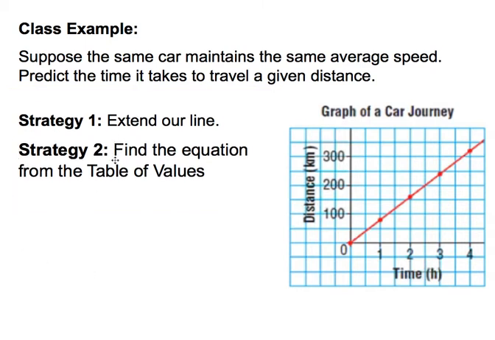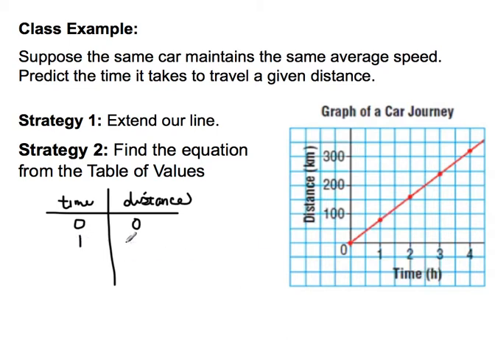Okay. So let's create a table of values from the chart given. So time, distance. When time is 0, they gave us really some nice points here. So time is 0, distance is 0. When time is 1, it looks like about 80 to me.